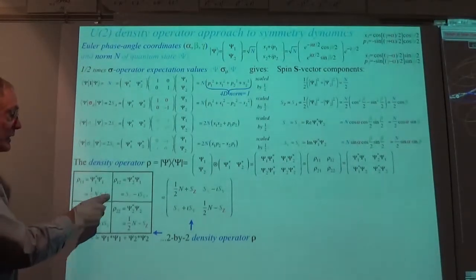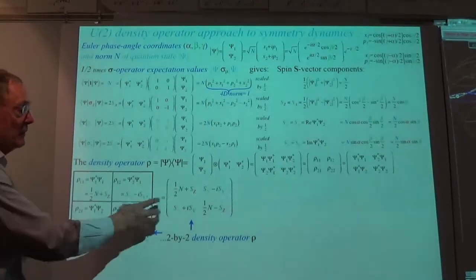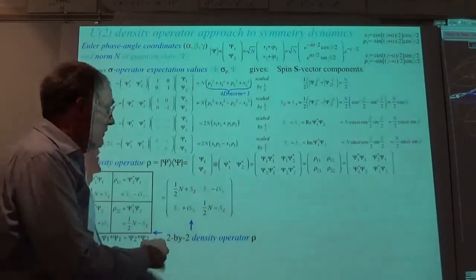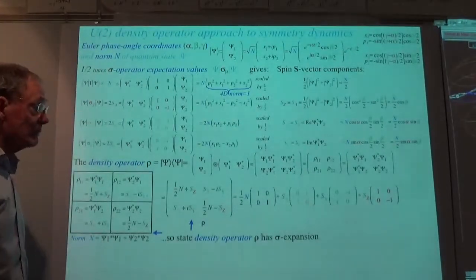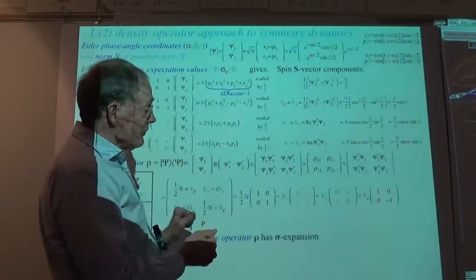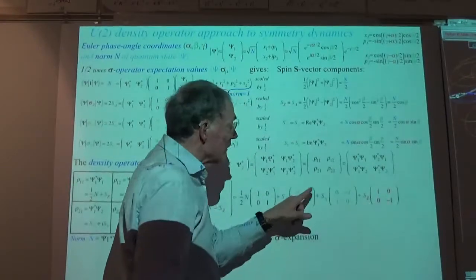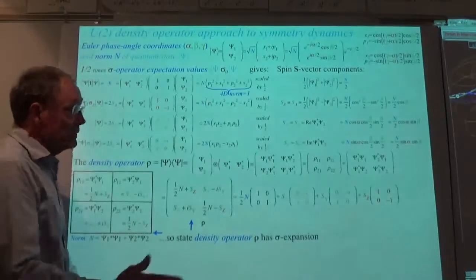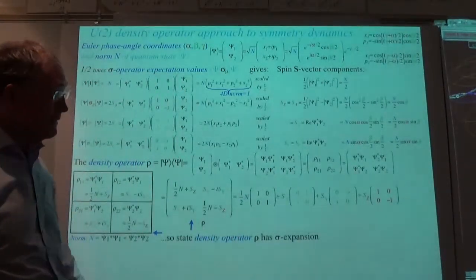So here's just a listing of the 4 components of the density operator. Here's the actual matrix. Okay, and it has that nice form that allows it to be expanded in terms of Pauli operators. In other words, the density operator is the 3 components of the spin vector times each of the sigma operators plus a unit operator times a normalization with a 1/2 on it.